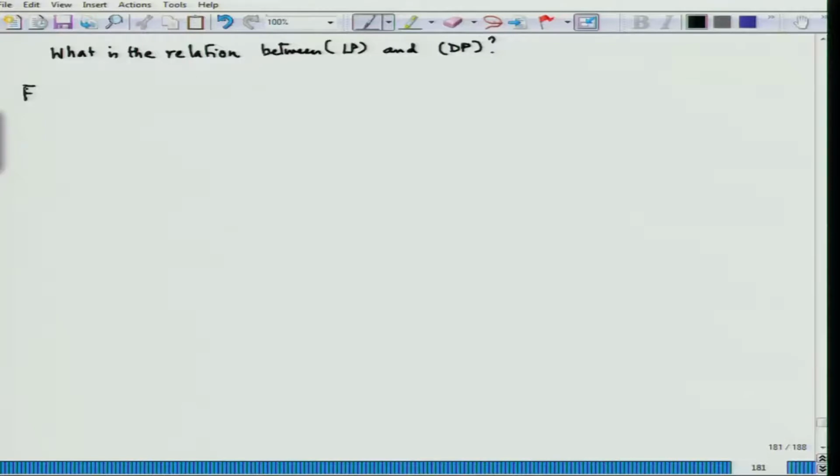We will write down the results and look at its consequences, but we will not go into the proof at this moment. We will do it tomorrow.